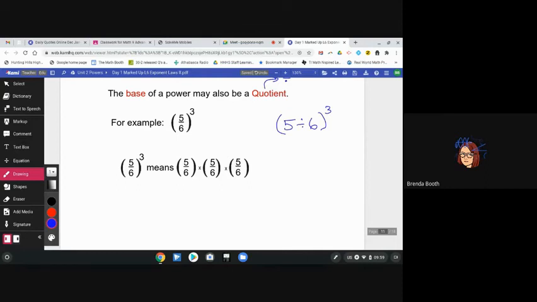Now think about how fractions multiply, how you multiply straight across the top and straight across the bottom. Well, in the numerator, you would have 5 cubed, coming from 5 times 5 times 5, and in the denominator, 6 times 6 times 6 would give us 6 cubed. And so what we see really is our little shortcut rule: take this 3 and apply it to both parts of the quotient.